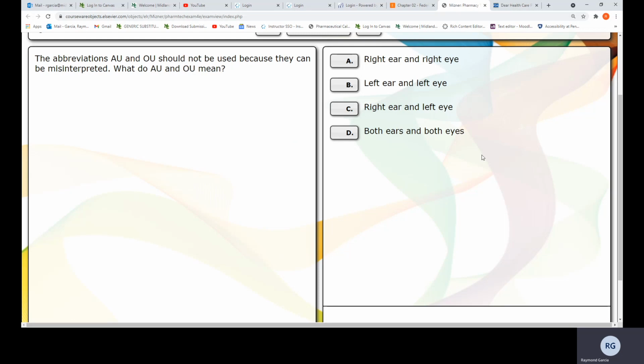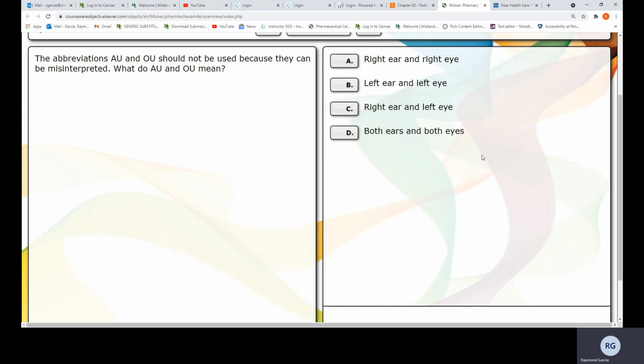The abbreviations AU and OU should not be used because they can be misinterpreted. What do AU and OU mean? Both ears and both eyes?